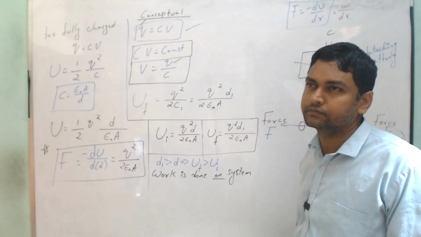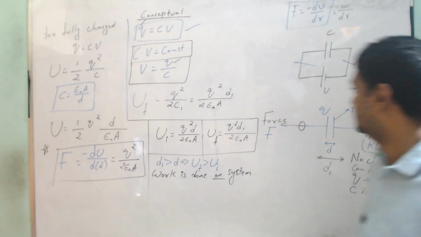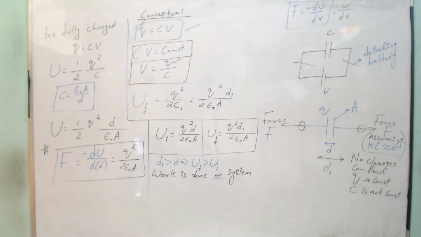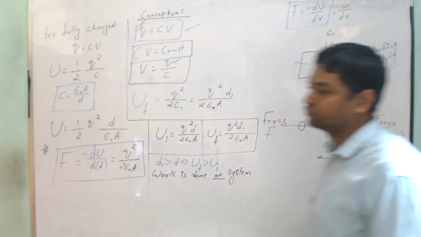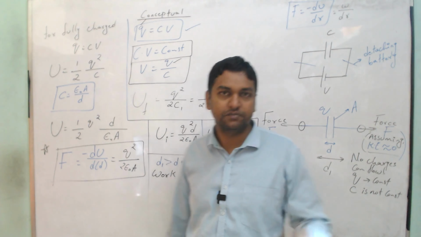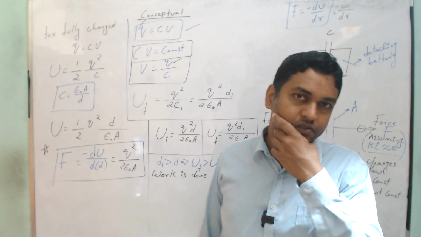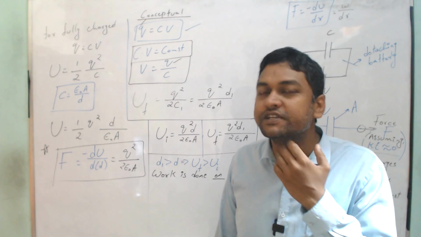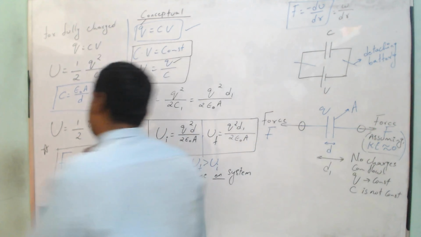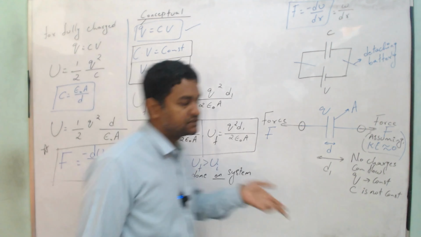The external agent. If the external agent is losing energy, that means he is losing it to someone or something. There is only the system other than the external agent. Therefore, the system is basically receiving the energy.